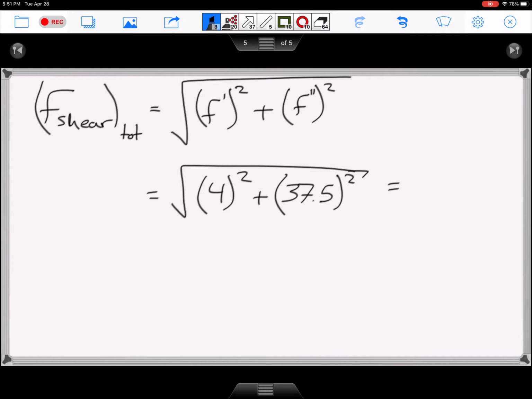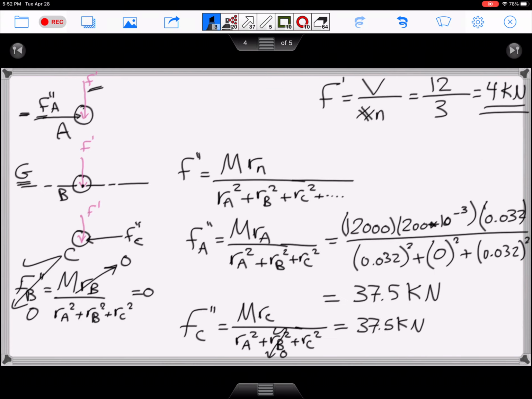If you plug this into your calculator, you should end up with a value of 37.7 kilonewtons. Good?